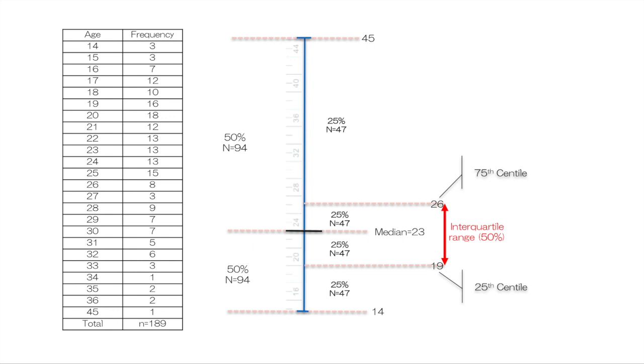We can show this interquartile range as a box here, and this simple useful graph is known as the box plot, or also called the box and whisker plot. Simply, we can just call it the box plot.